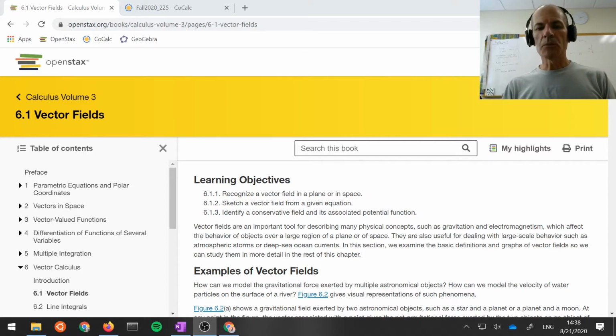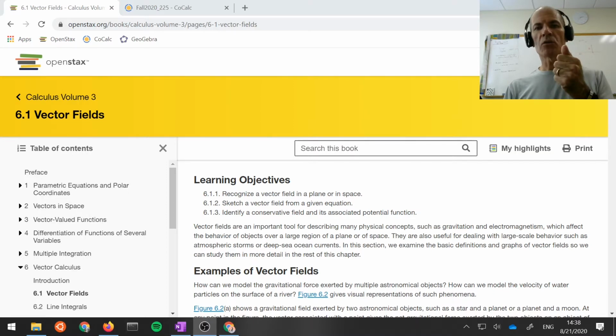What are you responsible for here? Mostly, again, just to get the concept of what a vector field is. And we're also going to talk a little bit about the relationship between certain kinds of vector fields and level curves. And we're going to talk about a very special kind of vector field, the vector field that is essentially the gradient of some function.